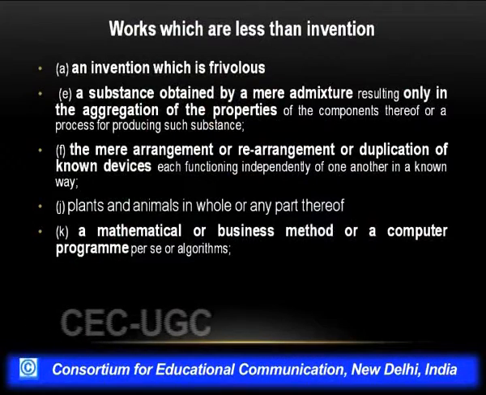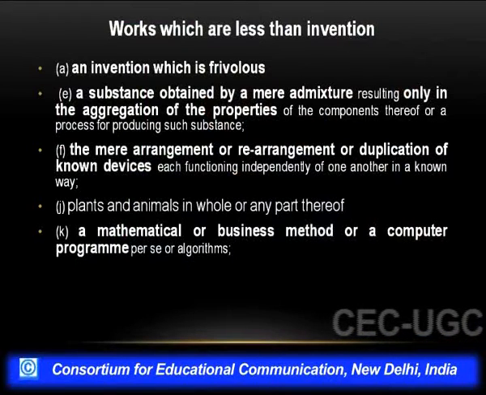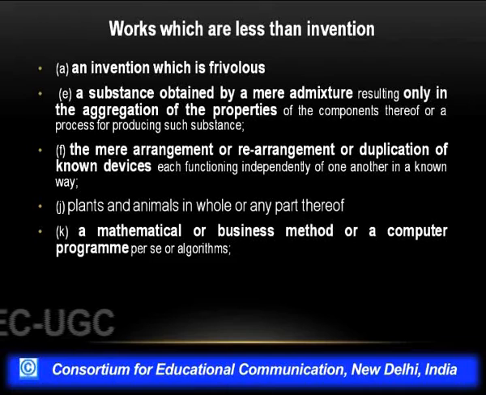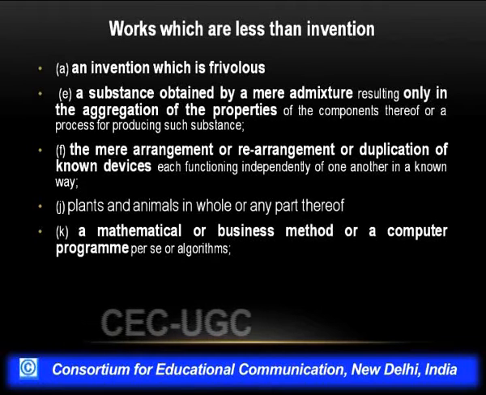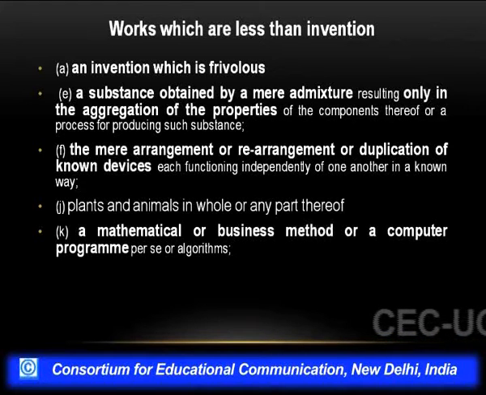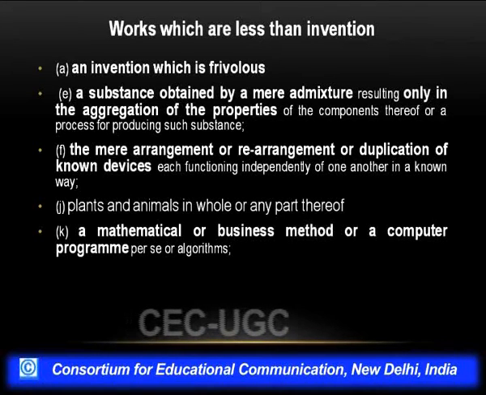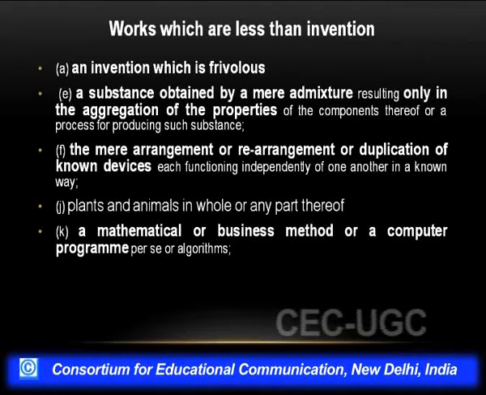If you look at this clause, it reads mathematical or business method. It excludes three things: any mathematical formula or equation, business methods, and computer programs per se. So three things are excluded by the purview of this particular clause.